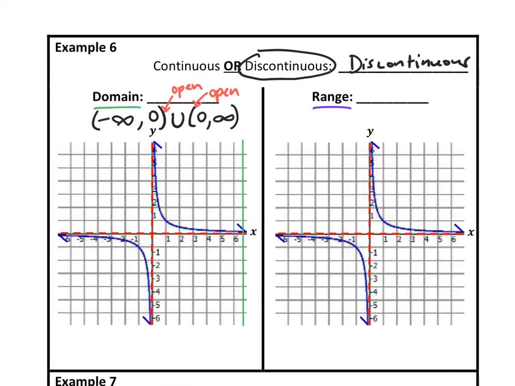Now let's look at the range. We're going to use our spaghetti stick but horizontally, going from bottom to top. It looks like the same situation. This arrow means that it's going to go towards negative infinity.